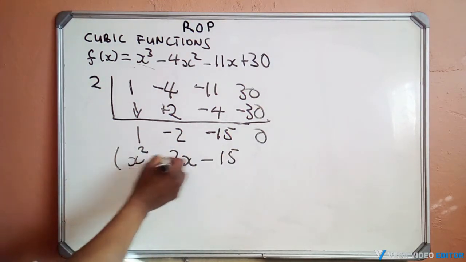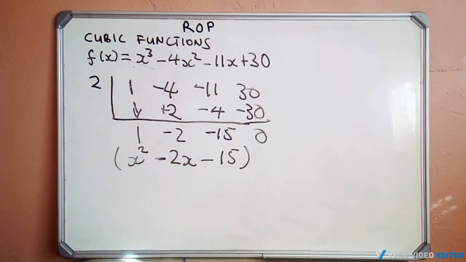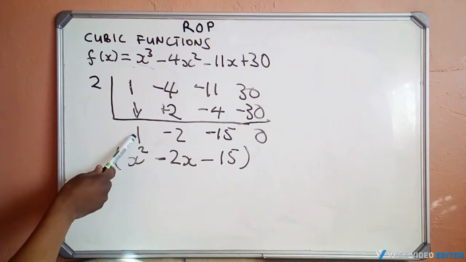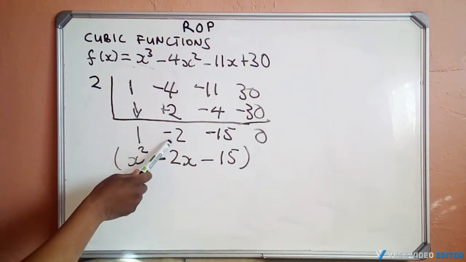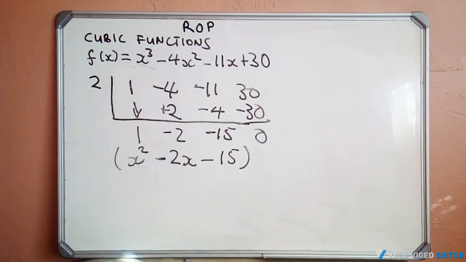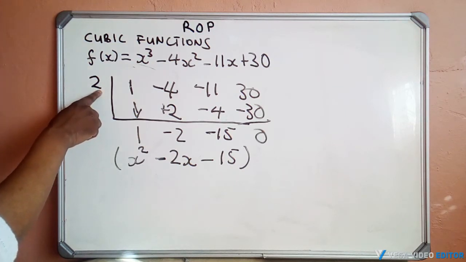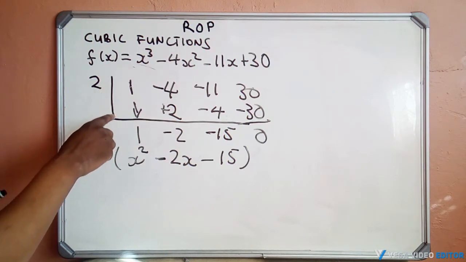You see that? x squared minus 2x minus 15. So we know that the factor that we used here, x equals 2, gives us a factor.